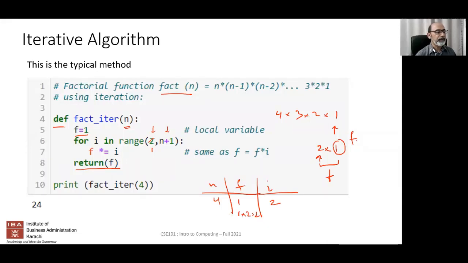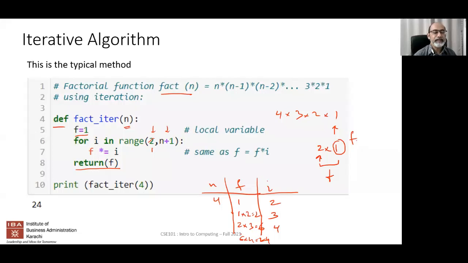If you keep going forward, i becomes 3, and f becomes f times i, so 2 times 3, which becomes 6. Now i becomes 4, and it becomes 6 times 4, and that's going to be 24.